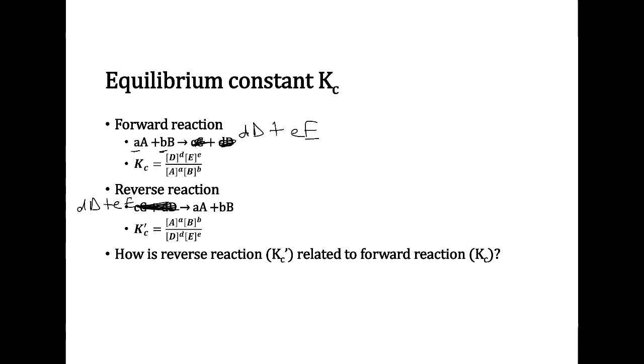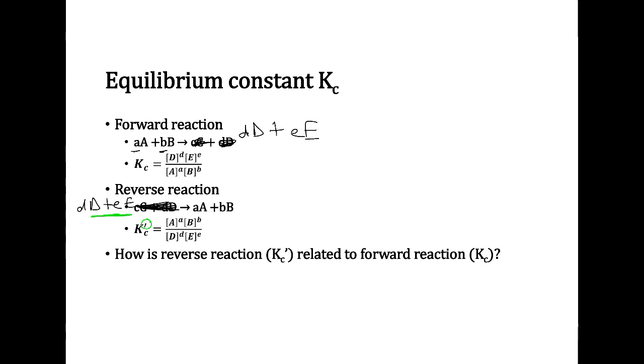So if we consider the reverse reaction, we'll start with D and E. Those now are the reactants. We would now have K prime sub C, so that prime just indicates that it's the reverse reaction. So now we have the concentration of A to the little a times B to the little b divided by D to the little d and E to the little e.